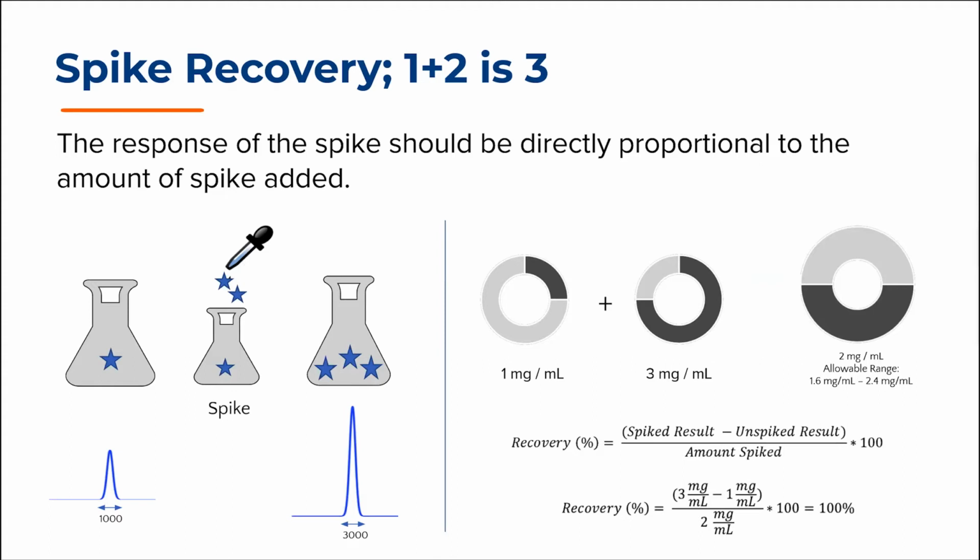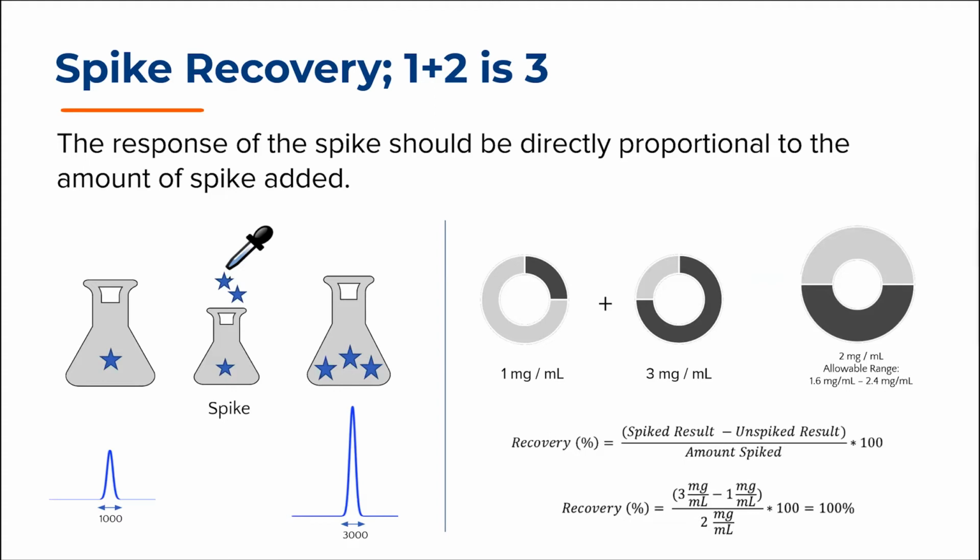Going into this experiment in a little more detail, say we have a 1 milliliter sample containing the analyte of interest. Analysis of this unspiked sample results in an integrated response of, say, 1,000 milliAU from our UV detector. From our calibration curve, we can back calculate this to be a concentration of 1 milligram per milliliter.